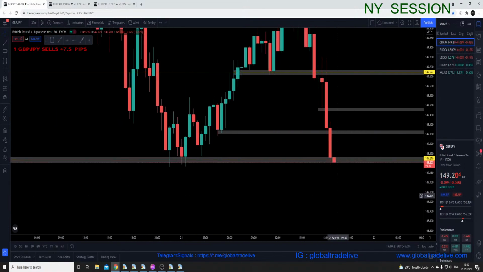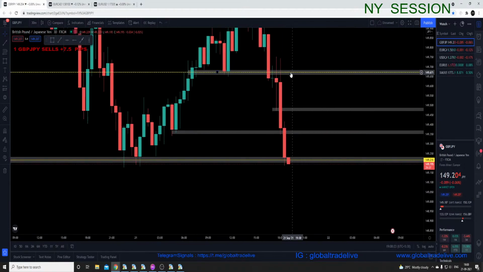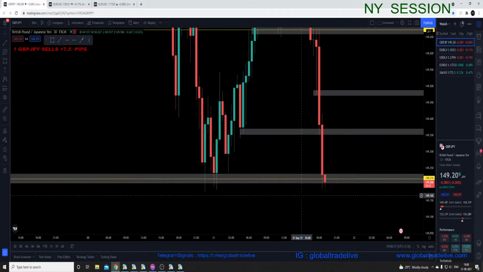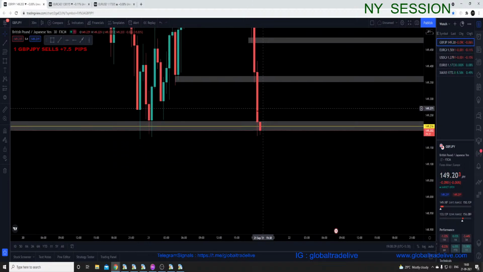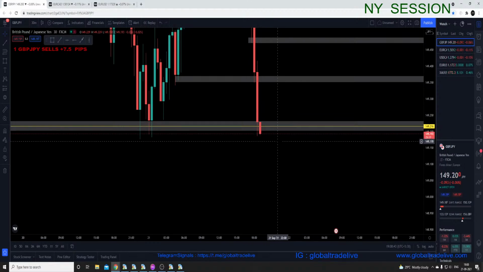It doesn't look good to me, because the market has already made its move from this point to this point. Now if it breaks the low of this candle, then it can reject this area like all these candles over here, and it can go up. So that can also happen. But if it creates a higher wick and then breaks the low, at that point I'm gonna execute a sell.